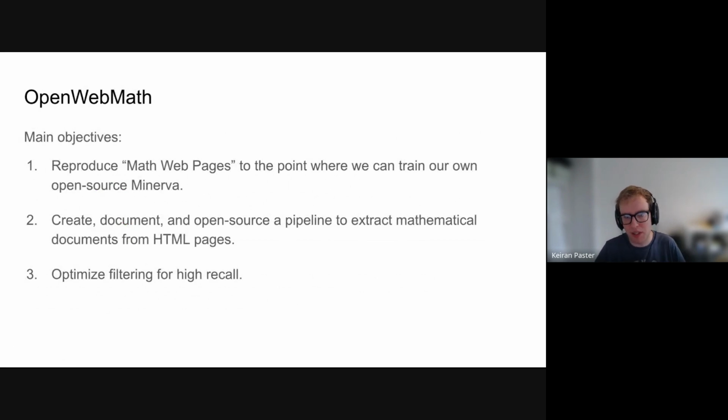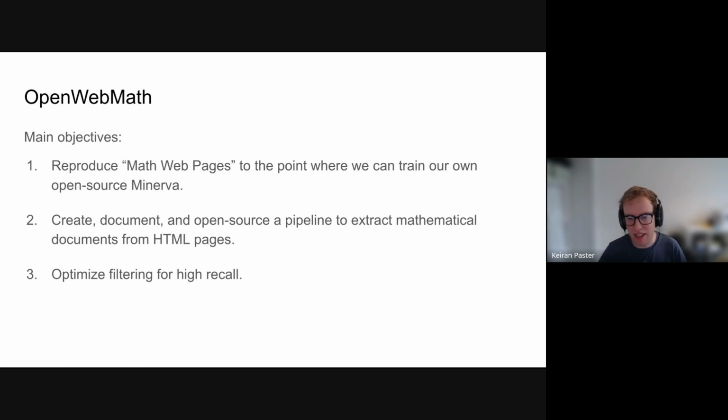Our main objectives with this project were to reproduce this math web pages dataset from the Minerva paper to the point where we can train our own open source Minerva. Second, we want to go a bit further than Google did in their project by not only creating this, but documenting it more thoroughly and open sourcing the whole pipeline for extracting these mathematical documents from the web.